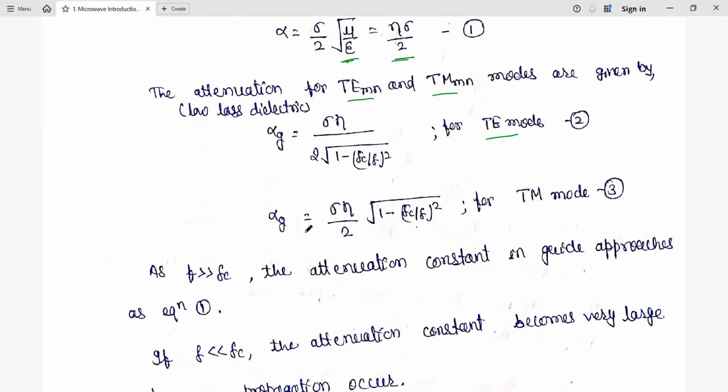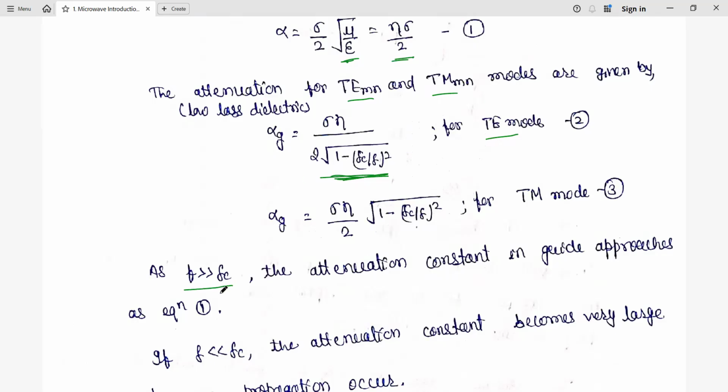And again, in TM modes, we have alpha g equal to sigma eta by 2, but now this term comes to the numerator, so that is root under 1 minus fc by f whole square. When we calculated the transmitted power, this root term was in the numerator in case of TE modes, whereas it was in the denominator in case of TM modes. But here it is just the opposite.